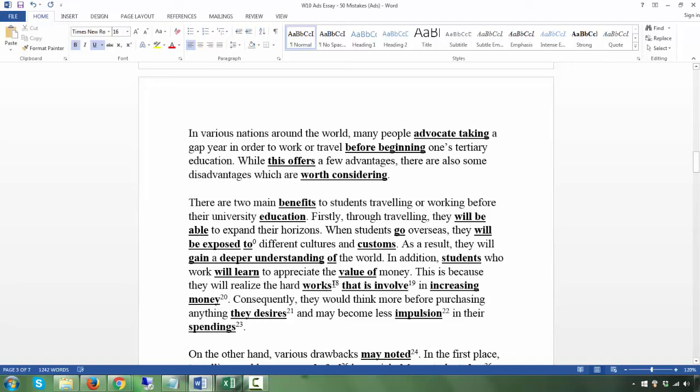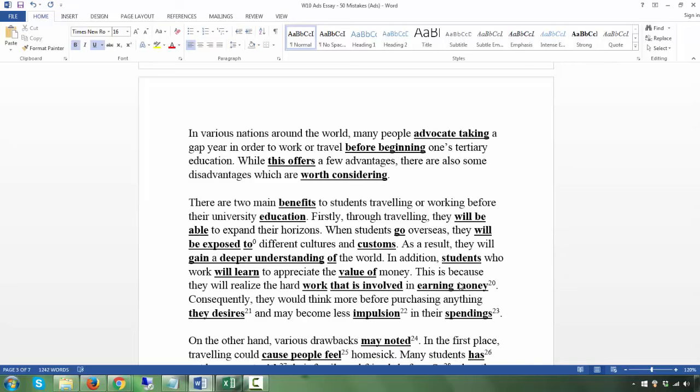Realize the hard work is not countable, therefore you can't use works. That is involved, right? In you don't increase money, earning money. Another collocation mistake, your verb is wrong.